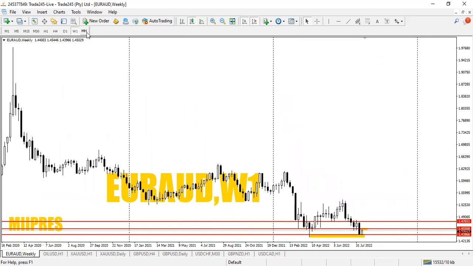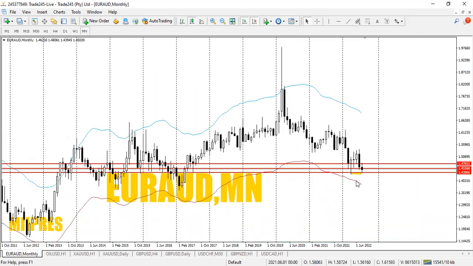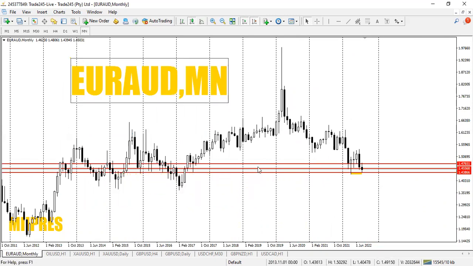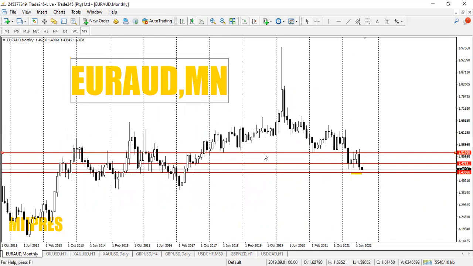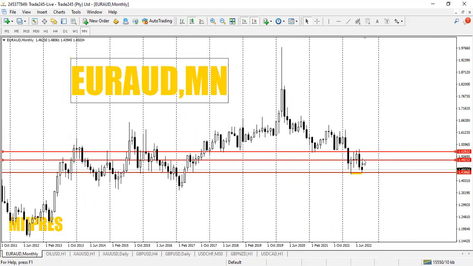It's been dropping. Even on monthly, it's not really that convincing, because you can see there's this bearish engulfing candle and then a retest. So perhaps it might just as well drop up to that level over there.